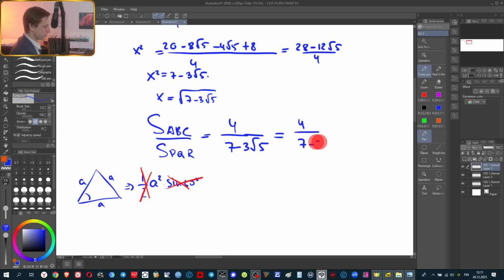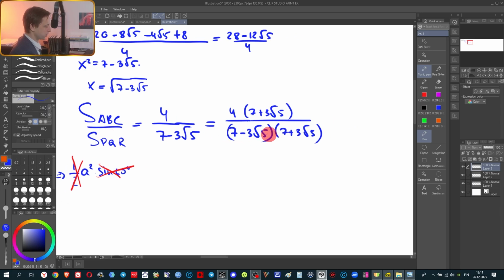So it will be 7 minus 3 square root of 5 multiplied by 7 plus 3 square root of 5. So here 49 minus 9 times 5, 49 minus 45, so we will have 4 on the bottom.